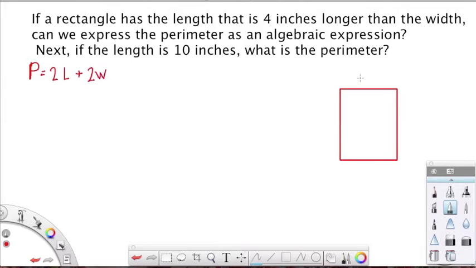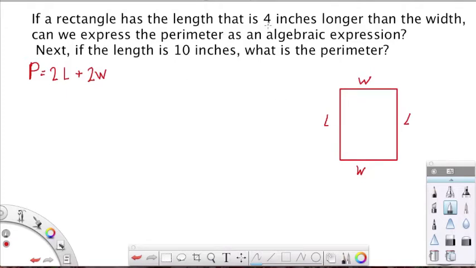Because here we have 1 width, and here is the corresponding width. They're opposite sides. We know that they need to be equal to each other if this is a true rectangle. And the same thing is true with the length. There are 2 lengths and 2 widths, and when we add them all together, that's going to give us the total perimeter, or the distance around our rectangle.